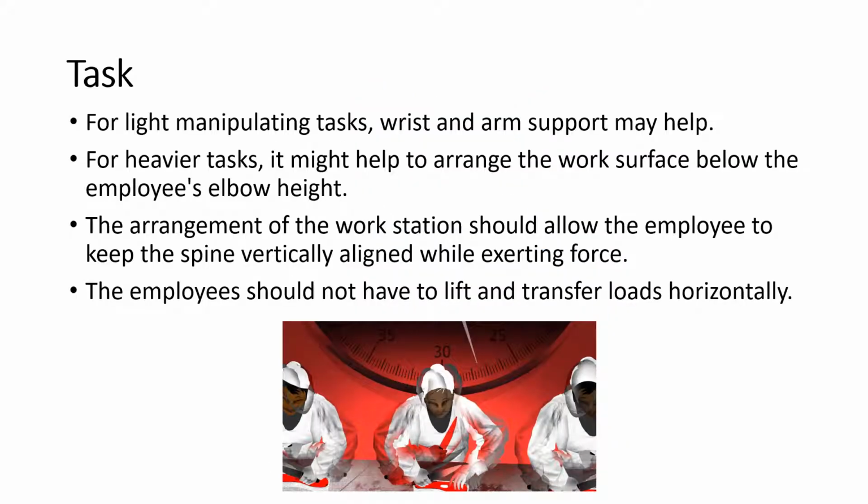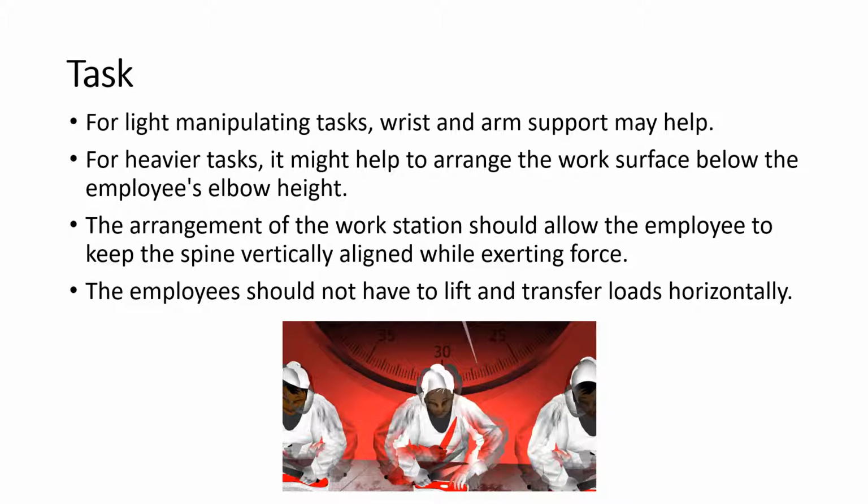For some jobs, the workers need to do light manipulating tasks. For those jobs, maybe a wrist and arm support can help to prevent excessive or continuous wrist flexion or extension. And you know that these postures may predispose the worker to carpal tunnel syndrome.